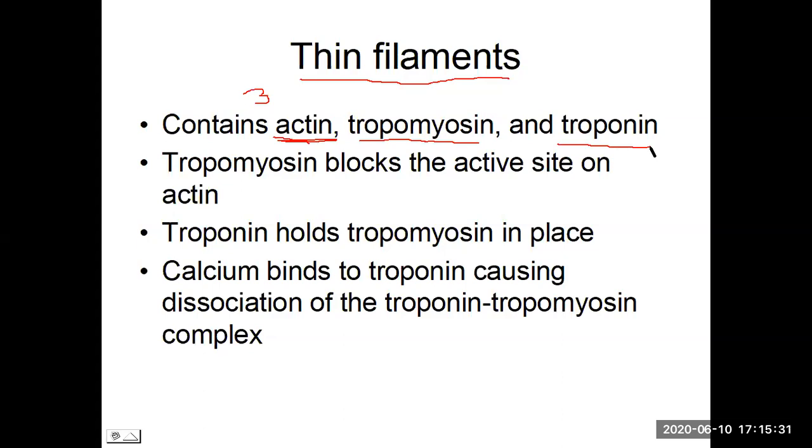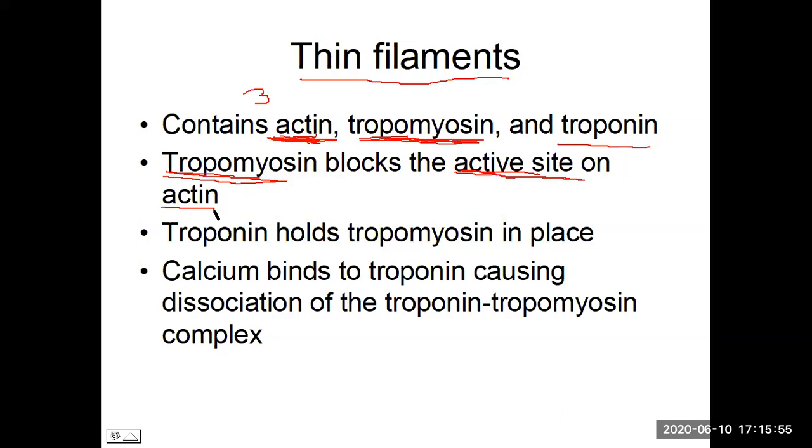We'll go back to the illustration to see this, but the actin itself is now just physically blocked by the position of the tropomyosin molecule. And in fact, it's covering the active sites that are on actin. These binding sites are just physically blocked.